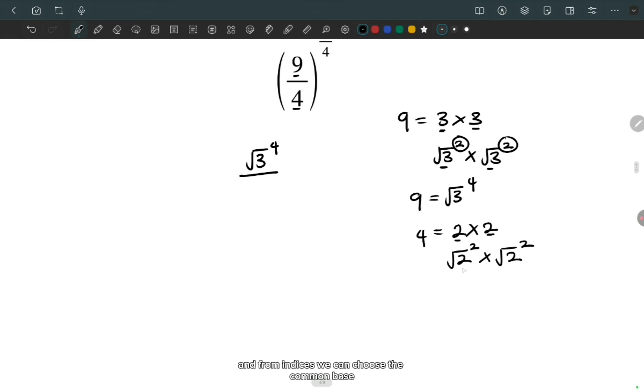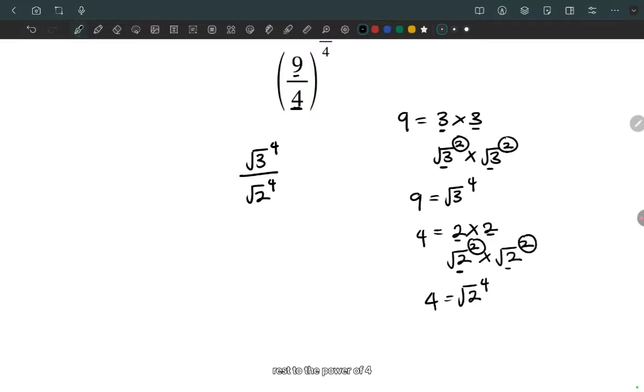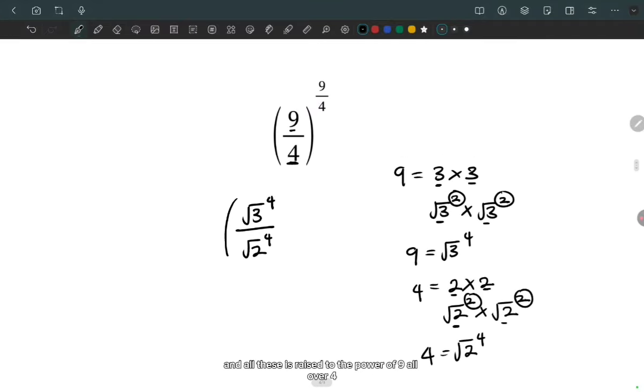From indices, we can choose the common base, which is the square root of 2, and add the powers. So 2 plus 2 is 4. So we're saying that 4 is equal to the square root of 2 raised to the power of 4. So this 4 is the same as the square root of 2 raised to the power of 4. And all this is raised to the power of 9 over 4.